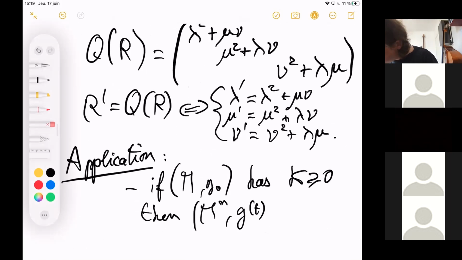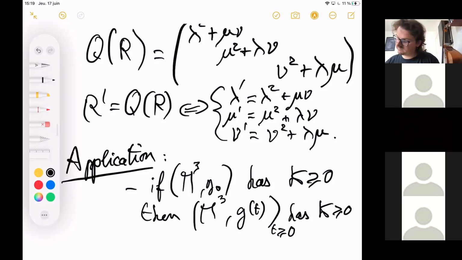Maybe let's not put an n here, because it's false starting in dimension 4. There are counterexamples. This holds for t positive, or maybe let's write the interval of existence instead.